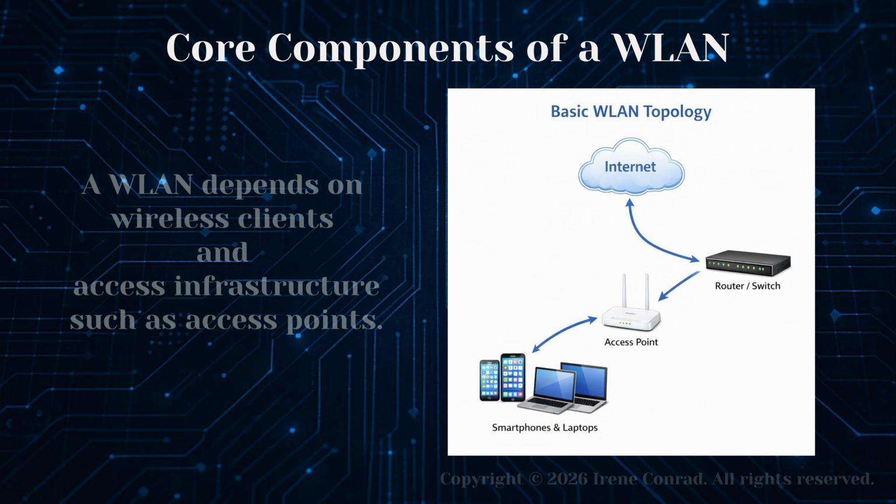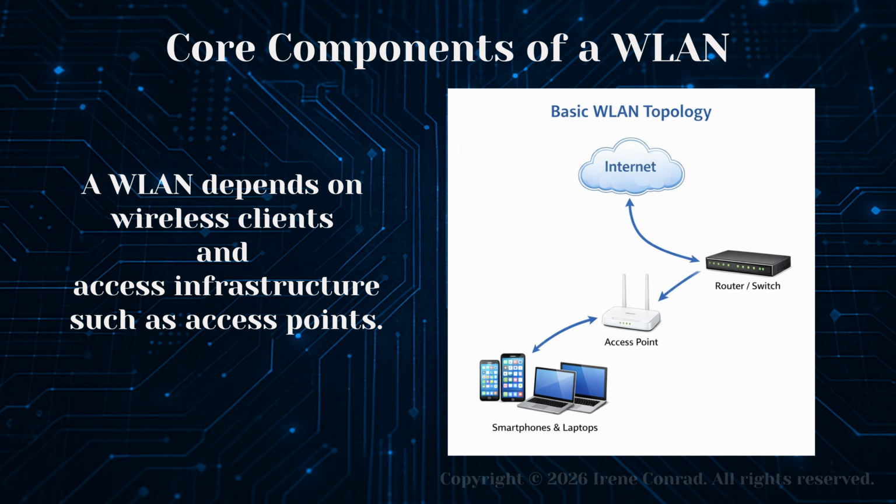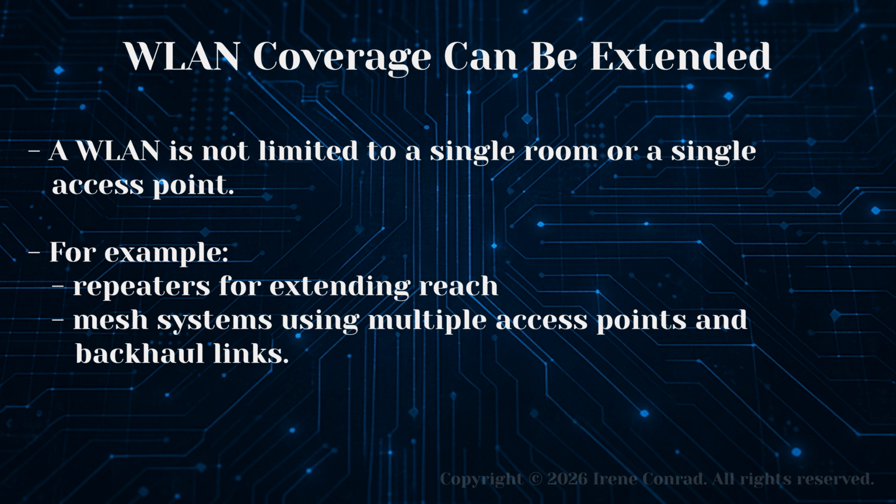So when you picture a wireless LAN, do not just picture Wi-Fi as some invisible magic in the air. Picture an actual local network where wireless devices connect through access points so they can reach the rest of the network and the internet. Wi-Fi can be extended beyond one single access point. For example, a repeater can help extend range, and a Wi-Fi mesh system can use multiple access points connected by a backhaul so users can move around without losing connectivity.